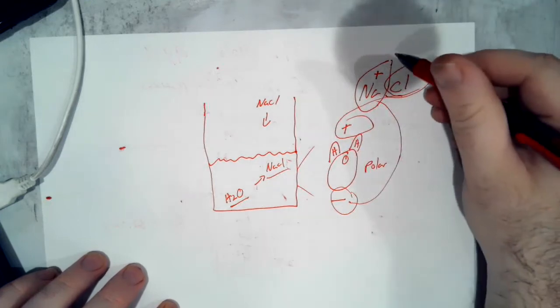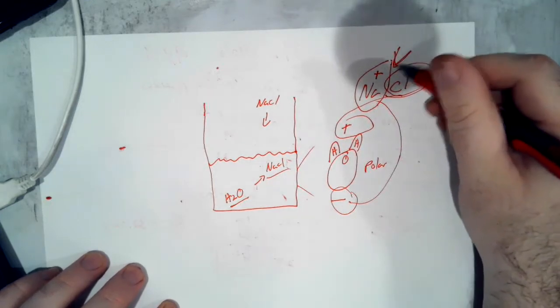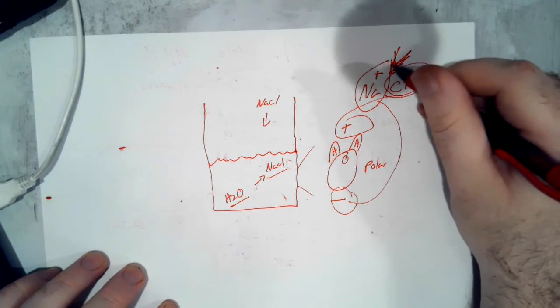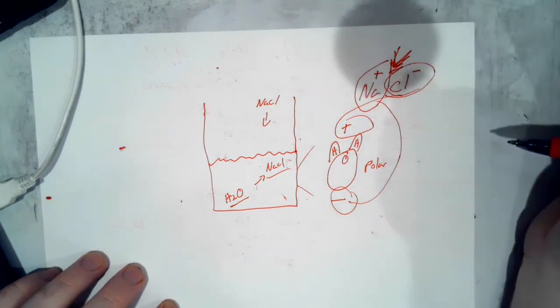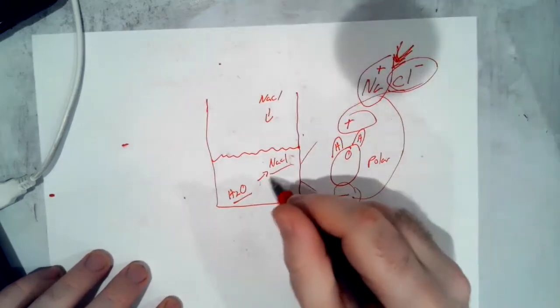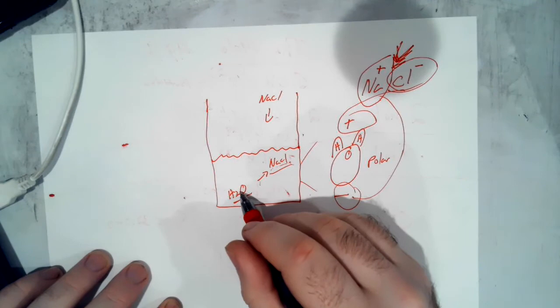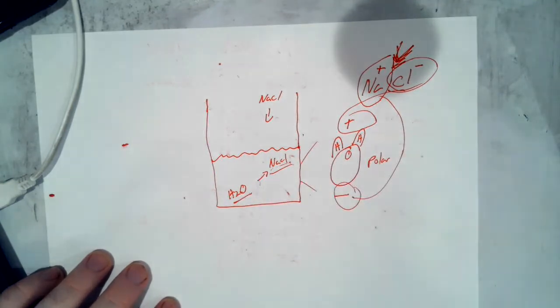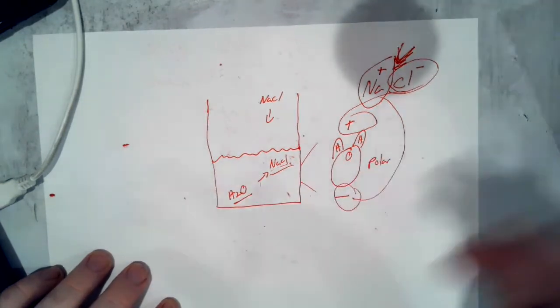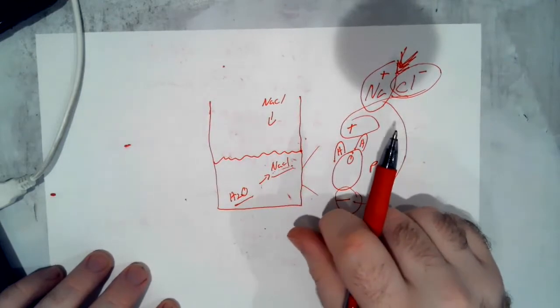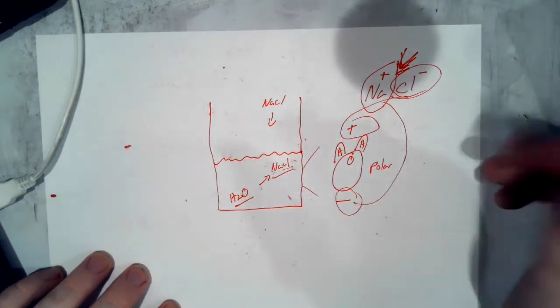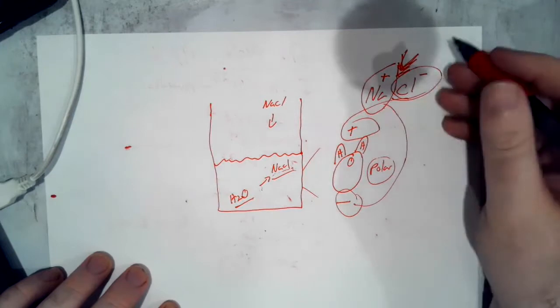In other words, these two are going to split up because they found someone more attractive, frankly. So that means this sodium chloride will dissolve in water. And the more you heat it up, the more sodium can fit in there, but I'll talk about that a little later. So because water is polar, it is able to do this.